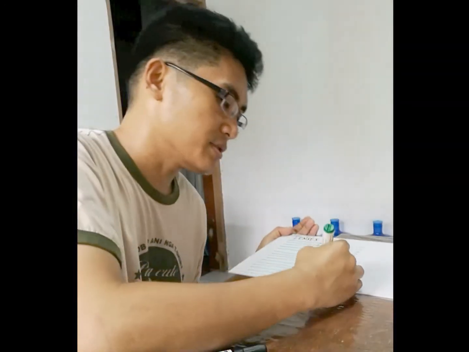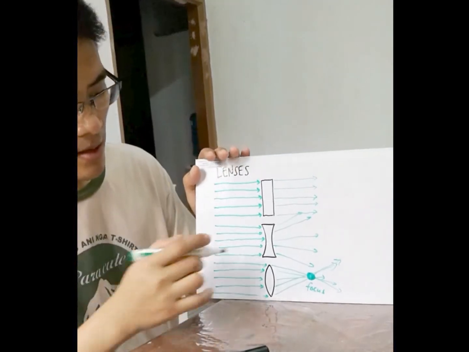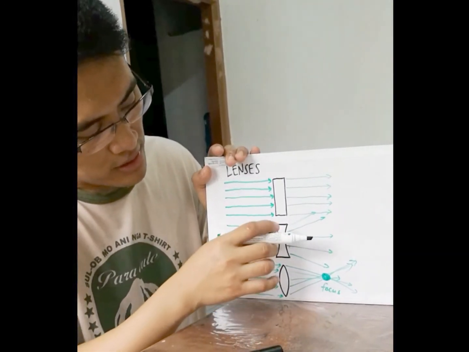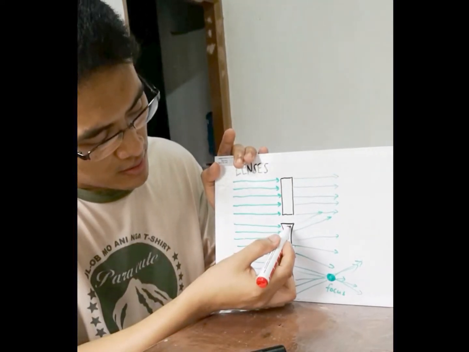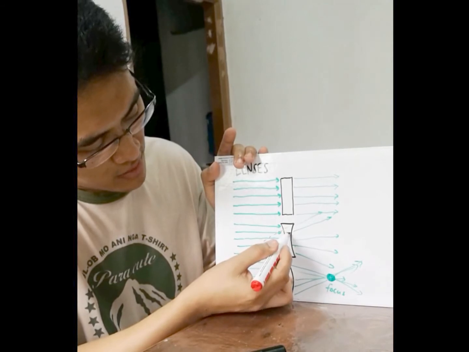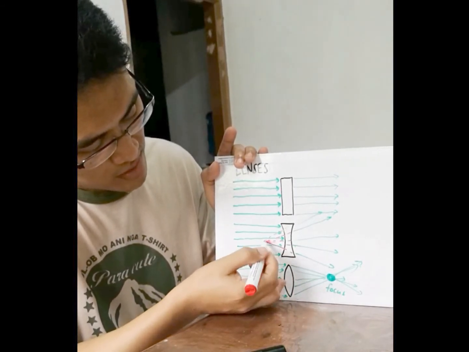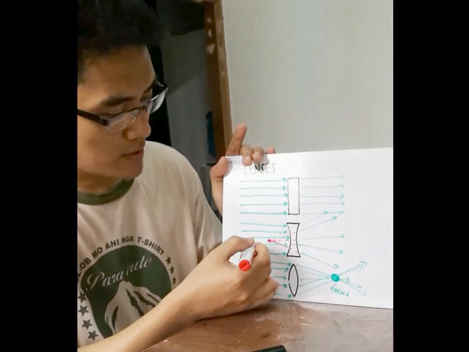They meet at a certain focus, right? Now here, these light rays actually are spread out, but you can also take the argument and extend them backwards, and if you extend them backwards, they meet also at a focus.